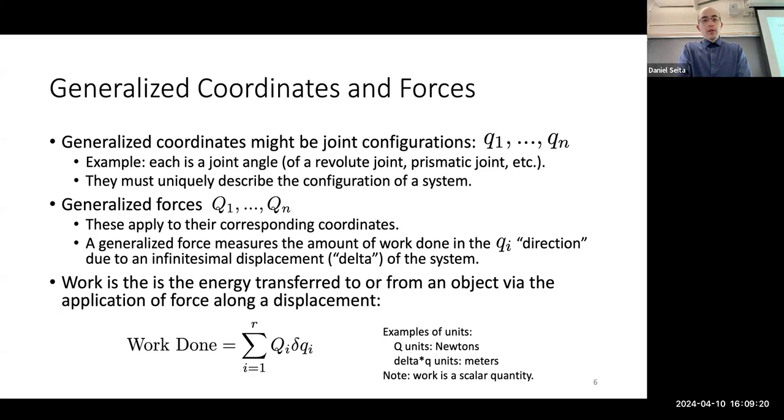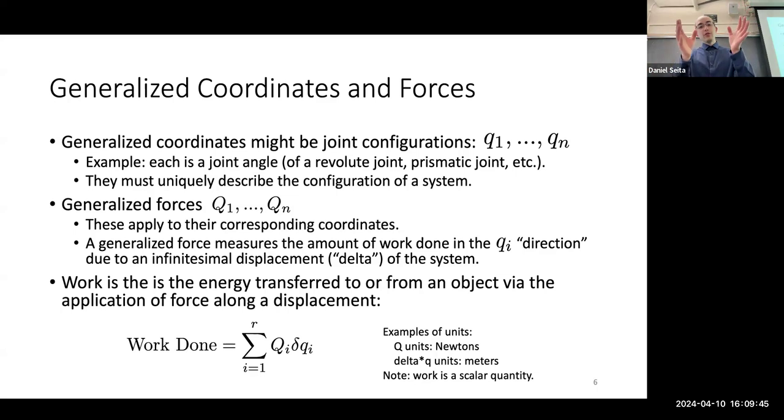All right, so we have the notion of generalized coordinates as well as generalized forces. As you might expect, generalized forces are one way to think about a generalization of standard force vectors that operate on some body.